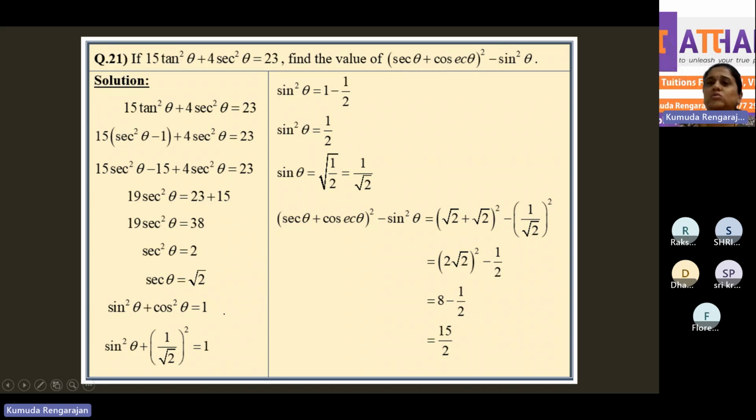It will be the same when it's an isosceles right triangle. Both the opposite and adjacent side will have the same value. Sine theta is opposite by hypotenuse, cos theta is adjacent by hypotenuse. If the opposite side and the adjacent side have the same value, then sine theta will be equal to cos theta. And that's possible only in an isosceles right triangle.